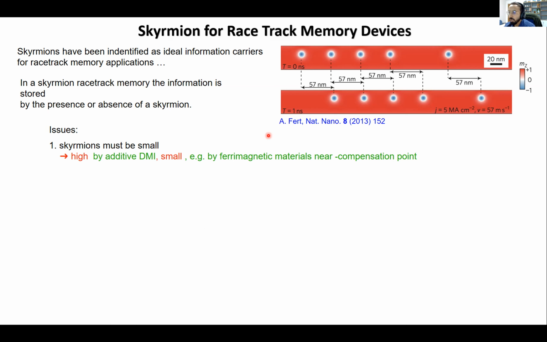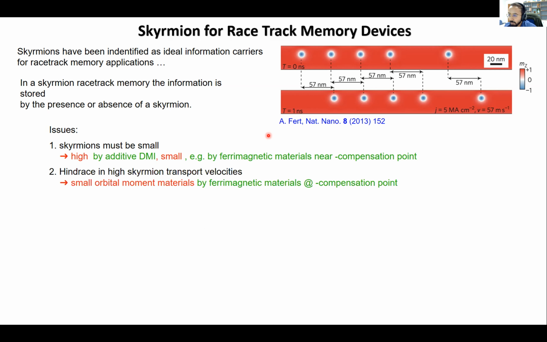We were able to achieve very small skyrmions which are reproducible, and a skyrmion lattice could be observed. So that's a challenge, but by using ferrimagnetic materials, hopefully we'll be able to do that. And we will also see in the next few slides that it is possible to generate small skyrmions in ferrimagnetic materials. The second issue is the hindrance in high skyrmion mobility that I'm talking about.